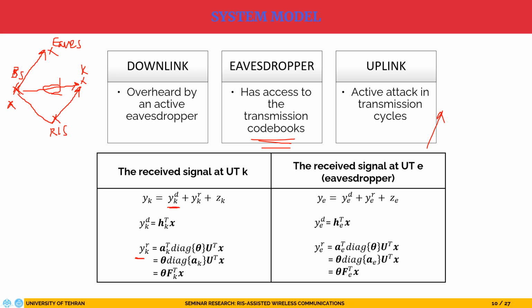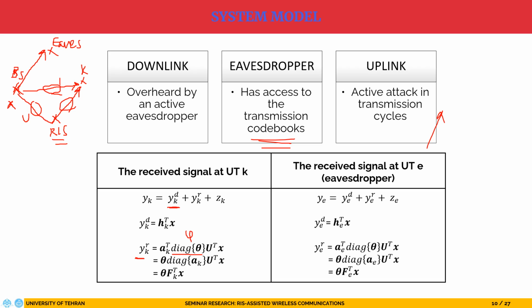A_K^T is this channel, diag theta, where theta is the phase shift of the RIS, so this is that phi matrix. U transpose is this channel, and x is the transmitted signal. So A_K^T diag theta U transpose is the signal which is received by user K.